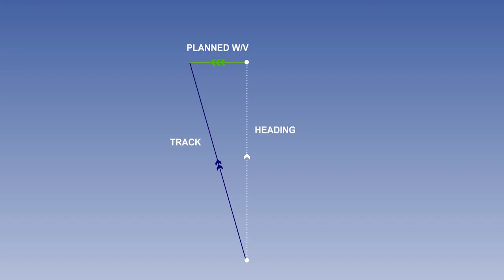If we get the drift right, the wind will blow the aircraft from the heading we take up onto the required track. In order to remain on track, we need to fly accurate headings. When using the 1 in 60 rule for navigation, we can easily analyze corrections that need to be applied, so that we stay as close as possible to our planned track.